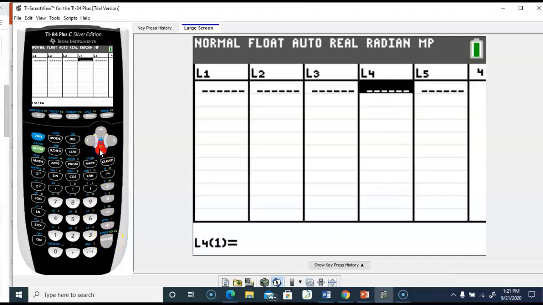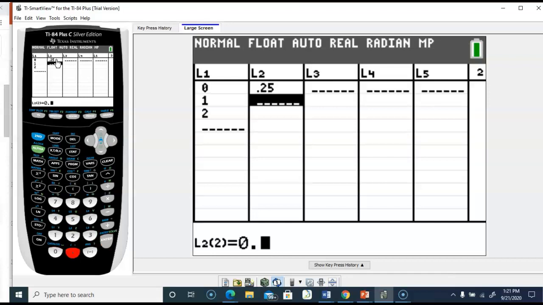Okay, so now we're going to go back over to L1, and L1 is going to represent our random variable. On the table we were just working with, our random variables were 0, 1, and 2. L2 is going to represent our probabilities. With L2, the probability of a 0 was 0.25.